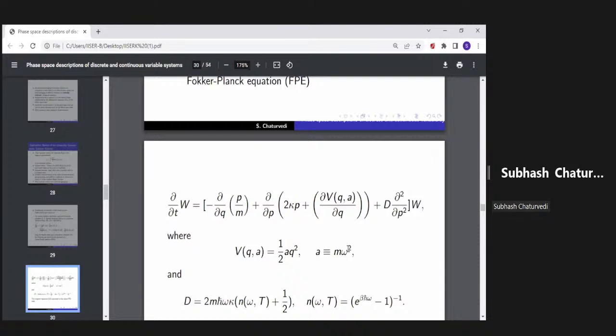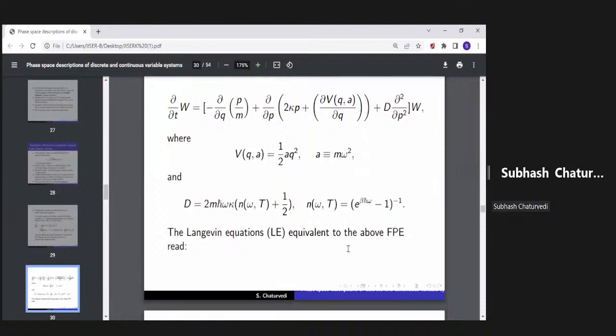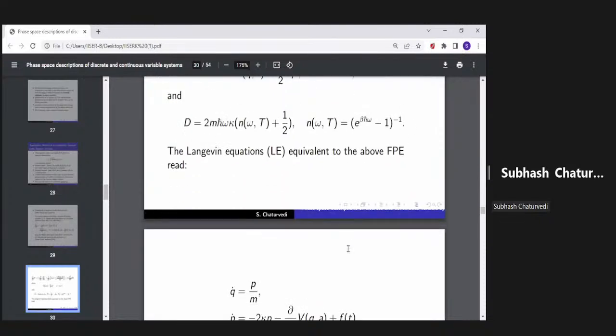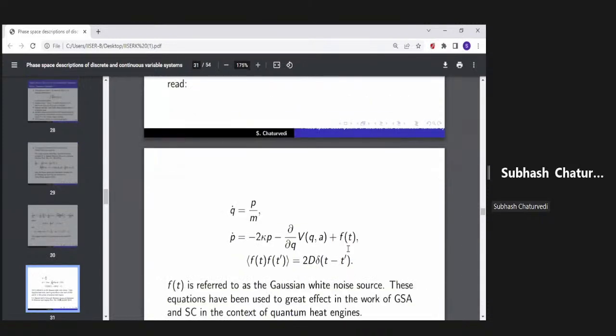So it has the structure of a diffusion equation, and from it you can pass on to corresponding Langevin equations, which are written here. And these can be, if you wish, in more complicated problems, simulated on a computer, and you can get some information about the quantum averages by solving these equations.